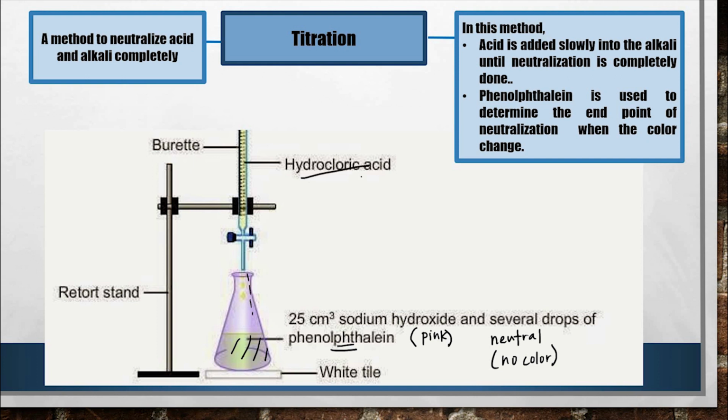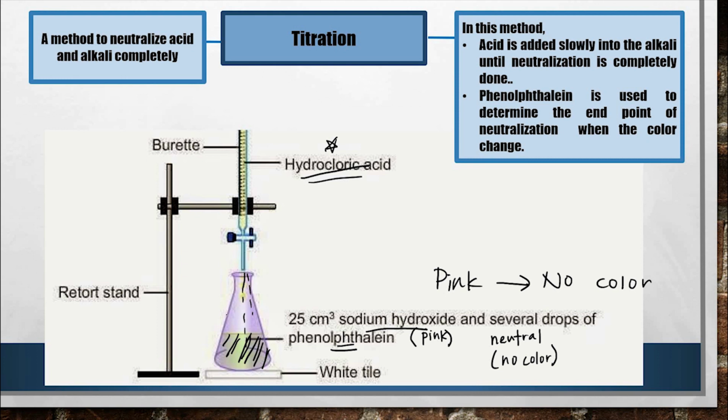So hydrochloric acid here, we have sodium hydroxide here. So we add it slowly to the sodium hydroxide. If the color of phenolphthalein turns from pink to no color, it means all the alkali here has been neutralized by the hydrochloric acid here.